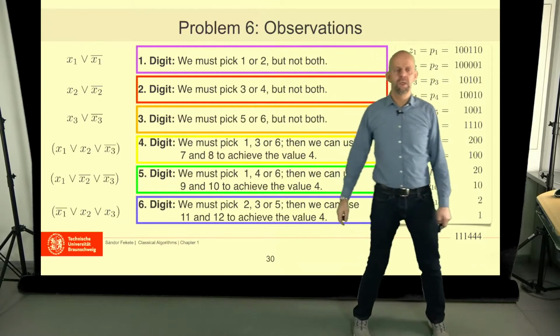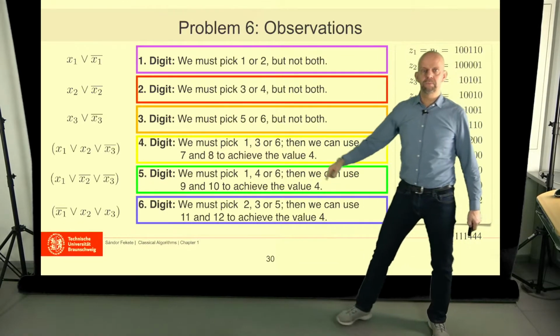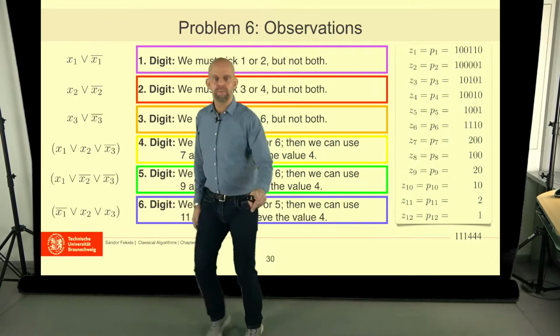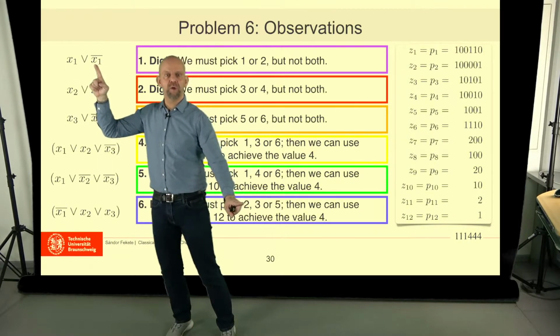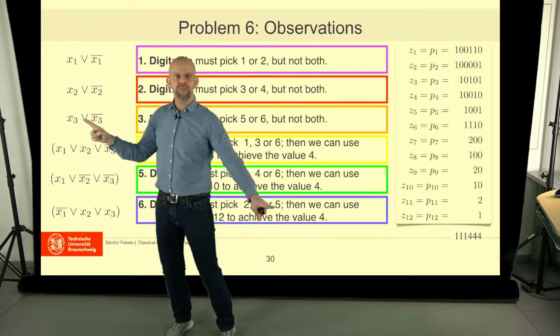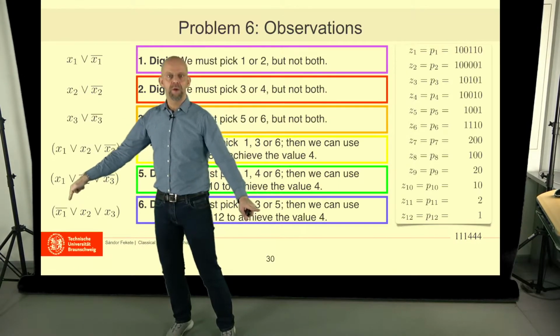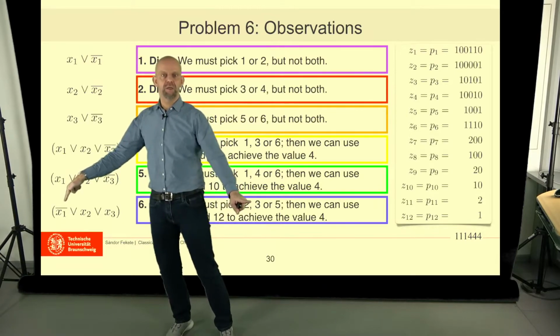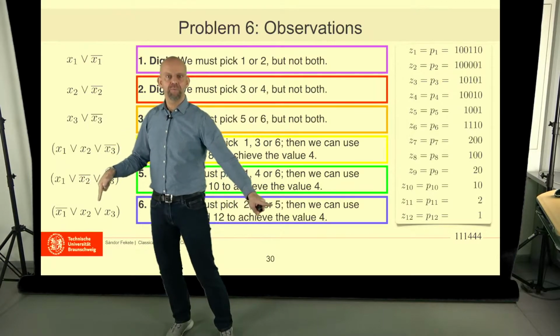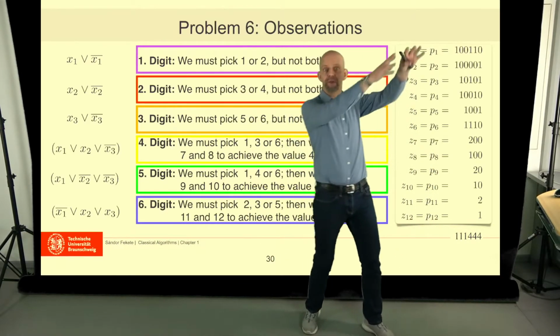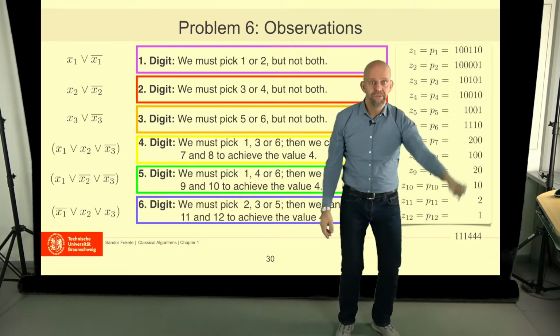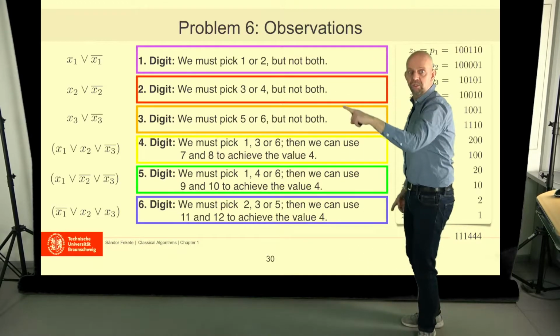And we have this one here, not x1, or x2, or x3. So remember, digit-wise, here are those 6 conditions.